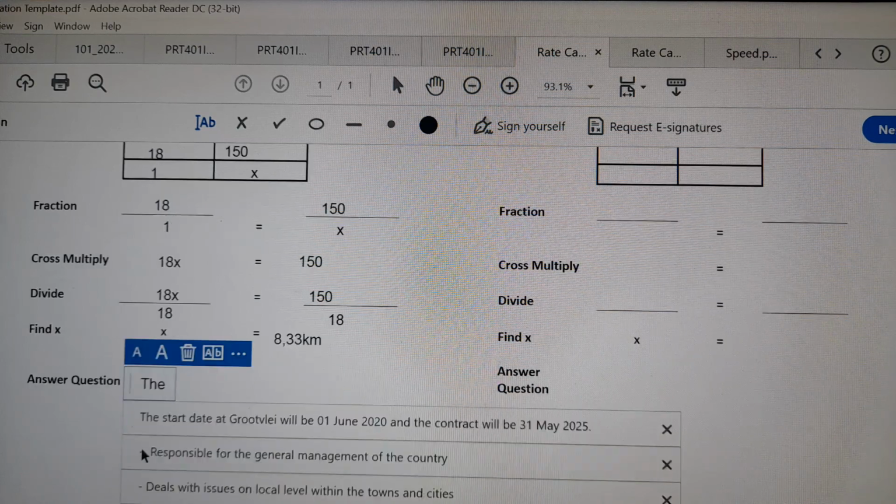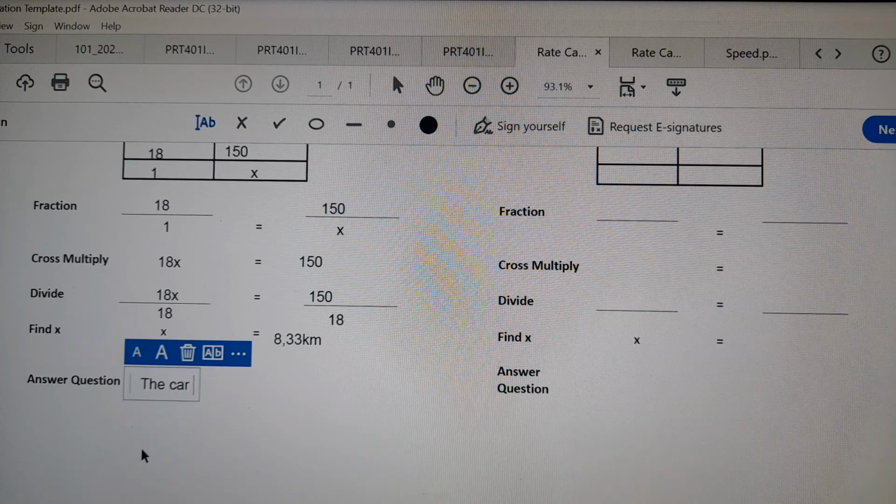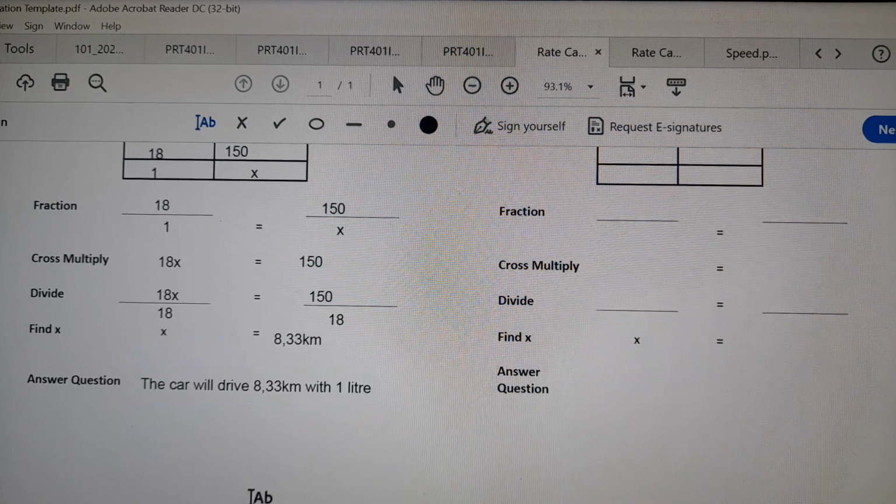The car will drive 8,33 kilometers with 1 liter. I am done. This is how you need to answer your question.